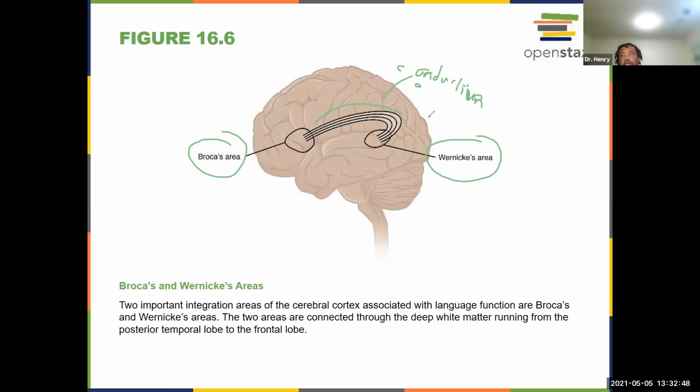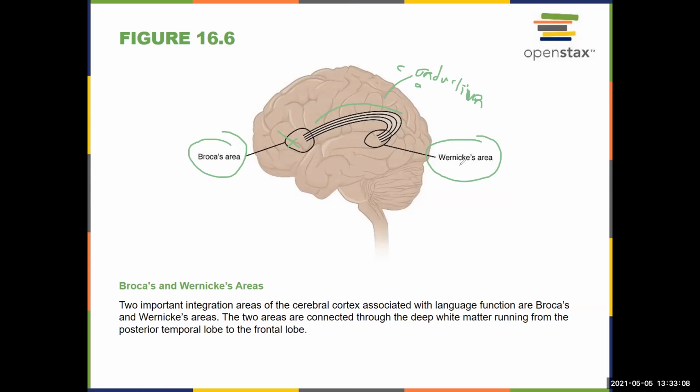So if you screw this up, you screw both up, right? If you screw up the Broca area, then you're not going to be able to talk. If you screw up the Wernicke area, then you're not going to be able to understand what's being said or language. That makes sense. Okay.